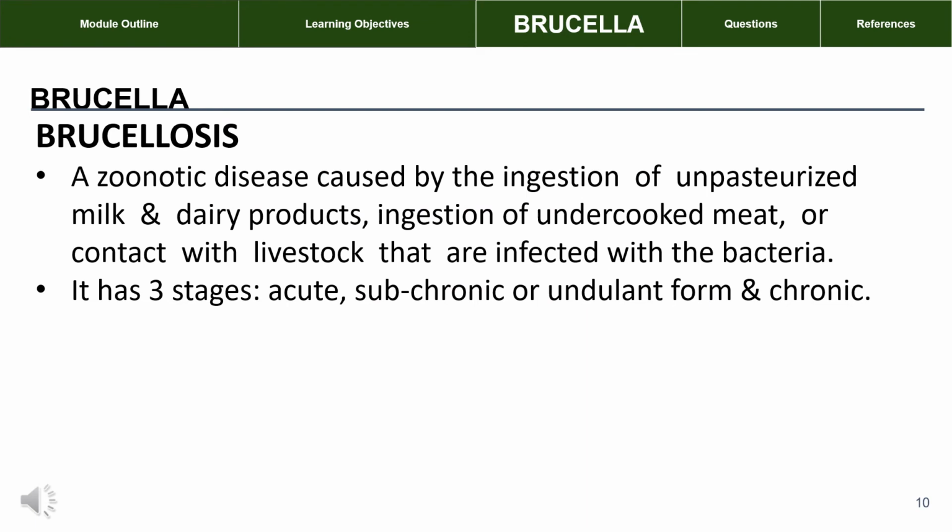Brucellosis is a zoonotic disease that is caused by the ingestion of unpasteurized milk and dairy products. It can also be caused by ingestion of undercooked meat or contact with livestock that are infected with the bacteria. It has three stages: acute, subchronic or undulant form, and chronic.